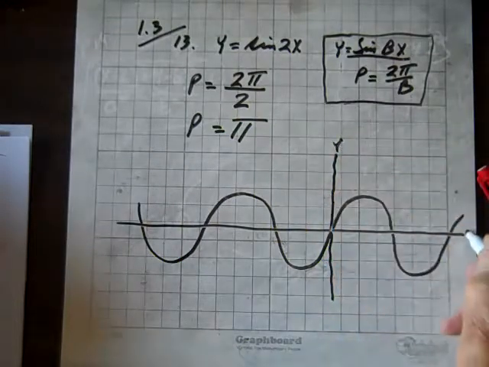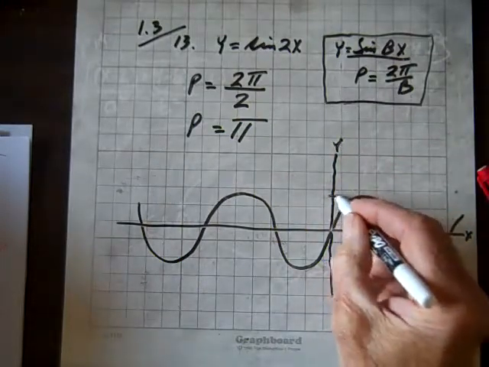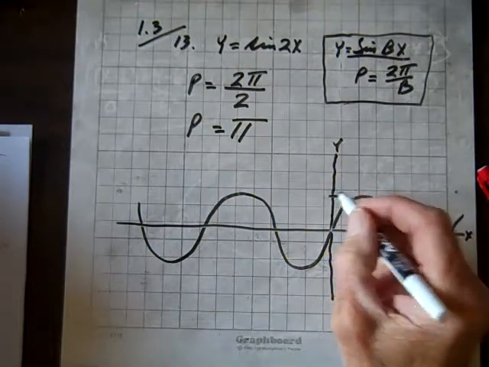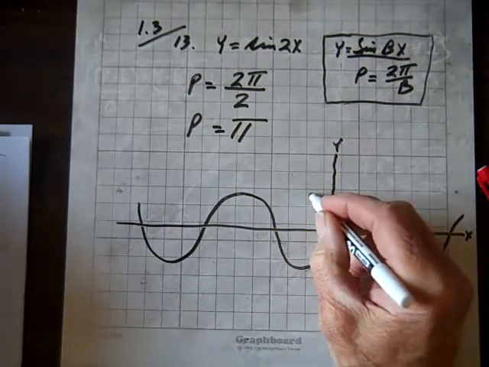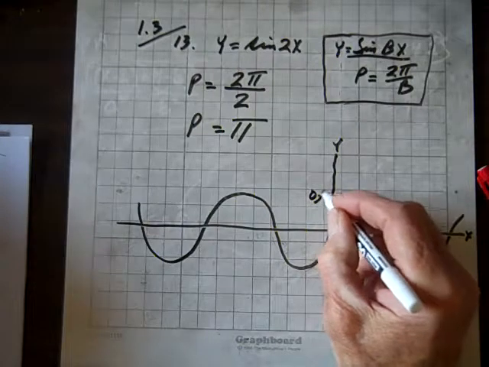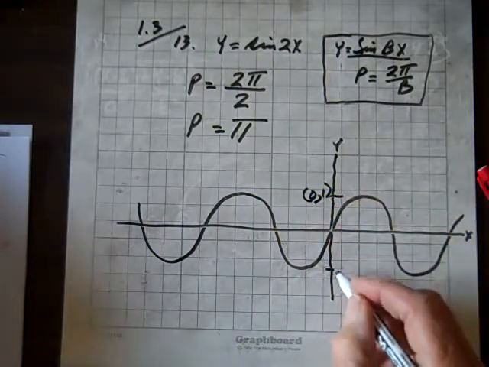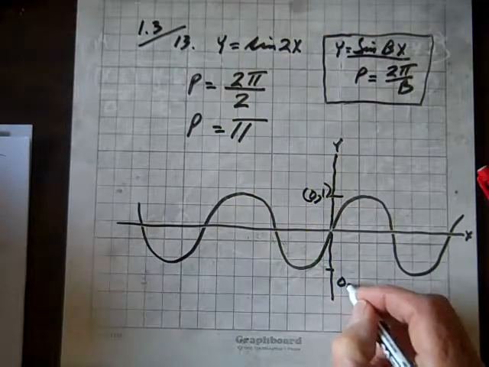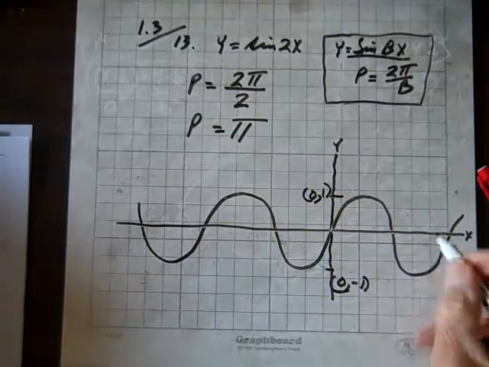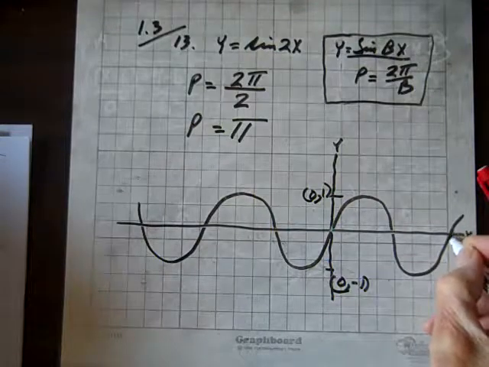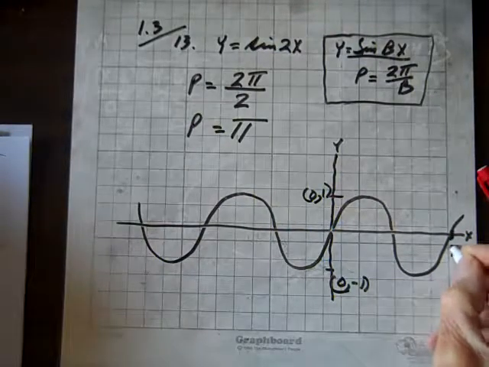y and x, and now we know the amplitude is 1, so the maximum y value is going to be 1. The minimum y value is going to occur at 0, -1. And our period is pi, so this value will be pi.